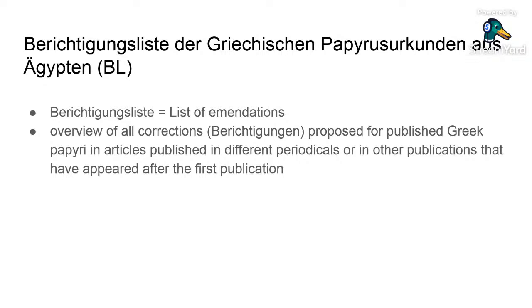So they are collected from articles published in different periodicals or in other publications that have appeared after the first publication. So it's a convenient tool for us that we don't need to read all the journals to know what's happening with some text, but it's very, very helpful for us. And it consists of 13 volumes, started from 1913, and the latest volume 13 was published in 2017.